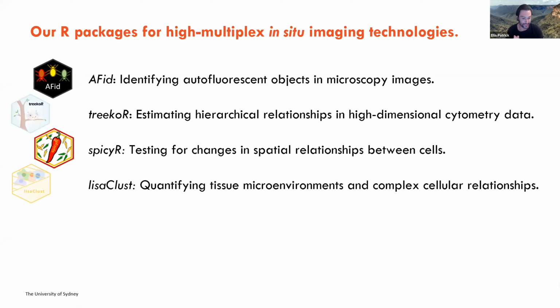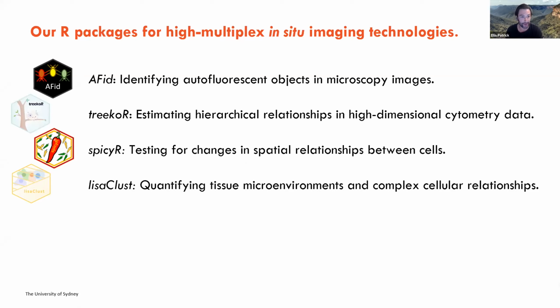In the last session, and I should preface this by saying that I'm not going to be talking about stem cells at all today, but hopefully what I talk about is somewhat applicable, we heard a lot about highly multiplexed imaging technologies, in particular, imaging mass cytometry.